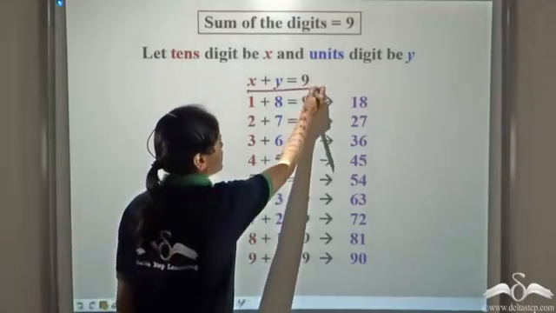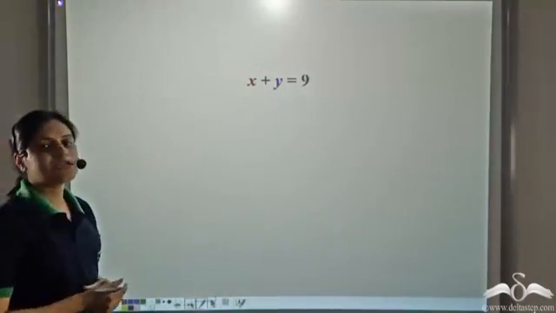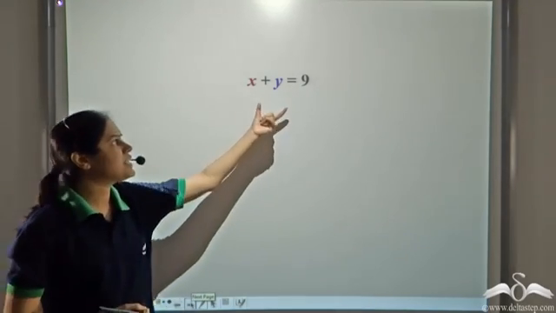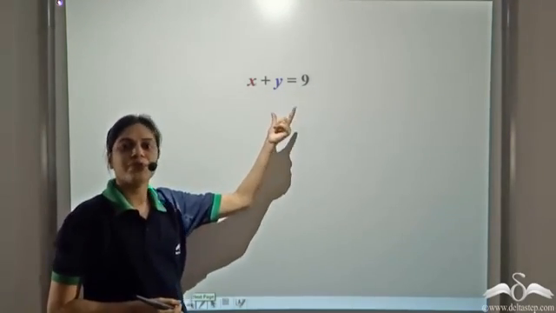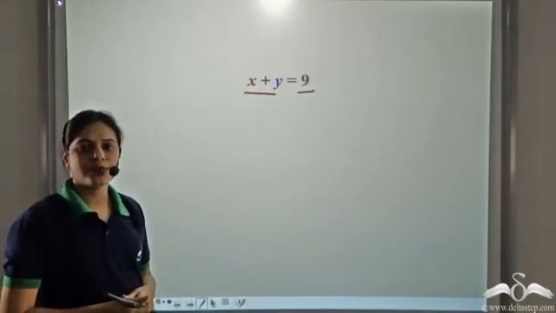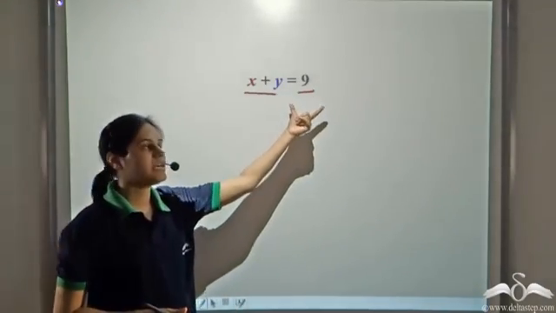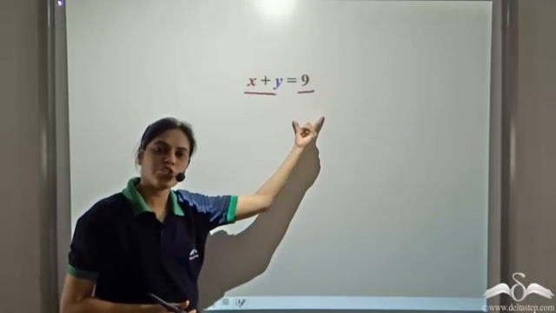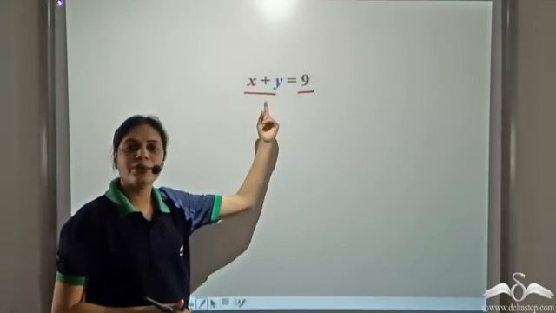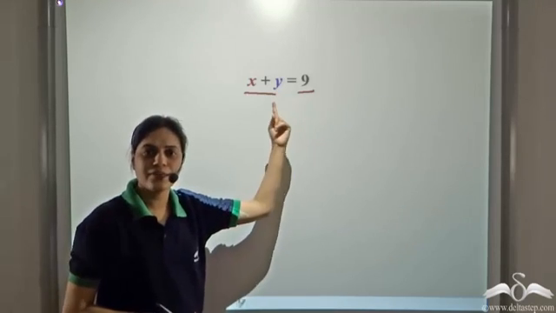Now look at this. x plus y is equal to 9. You will observe that it is an equation because it states that this is equal to this. So x plus y is equal to 9 is an equation. Also, there are two variables, x and y.